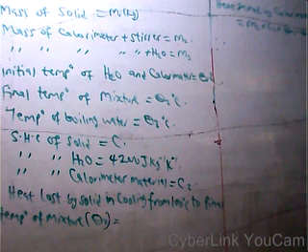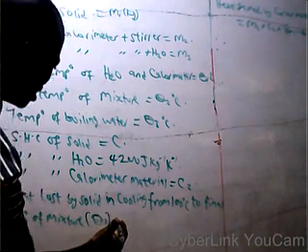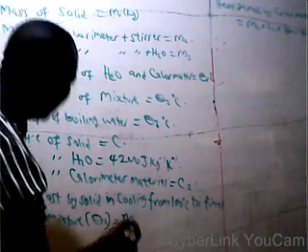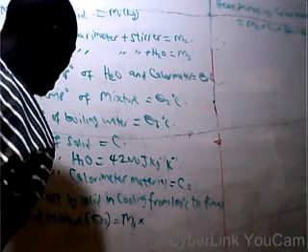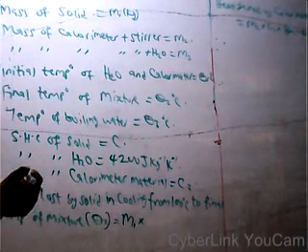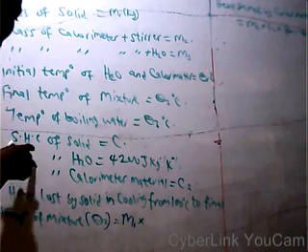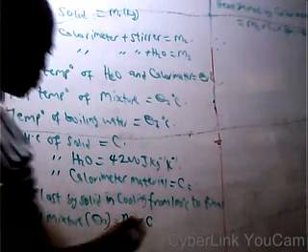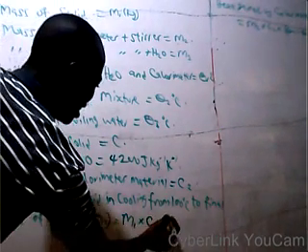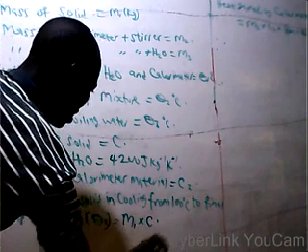So in this case, the heat lost by the solid will be the mass of the solid, which is M1, times the specific heat capacity of the solid that we are looking for, which is C, multiplied by the change in temperature of the solid.